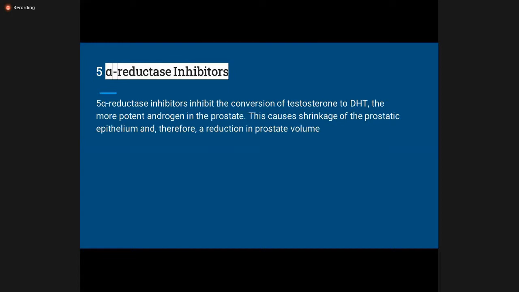So if we want to reduce the size of the prostate, then we have to move to the 5-alpha reductase inhibitors. 5-alpha reductase inhibitors inhibit the conversion of testosterone to dihydrotestosterone, the more potent androgen in the prostate. This causes shrinkage of the prostatic epithelium and therefore a reduction in the prostatic volume.